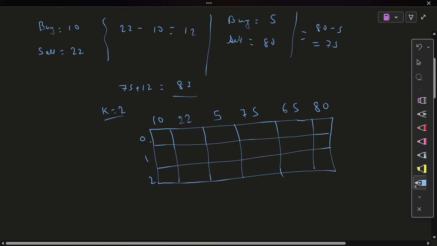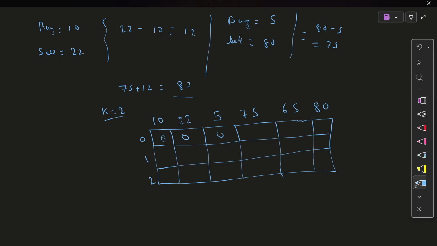Suppose K transactions is 0, means without any transaction, total profit is 0. With the first price only, 10, buy at 10, sell at 10, 0 here also. So start from here. How will we calculate the maximum profit?